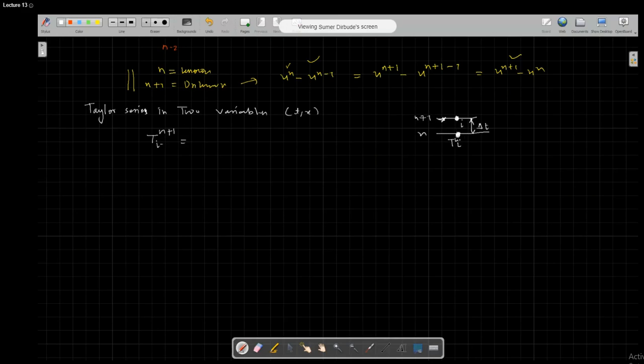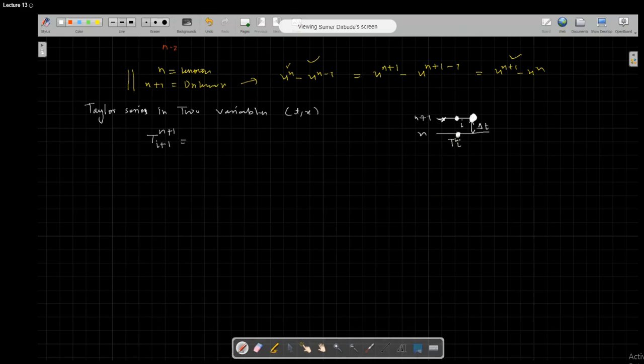So say the i+1 value, T_{i+1}^{n+1}. Now this becomes a two variable problem, a Taylor series of two variables, because near around this T_i^n, I want T_i^{n+1} as well as T_{i+1}^{n+1}. This value I want.